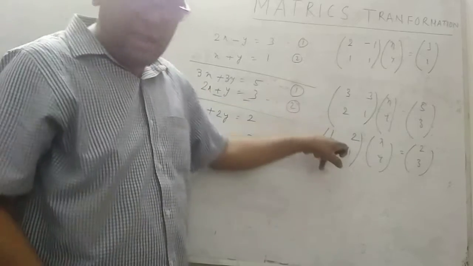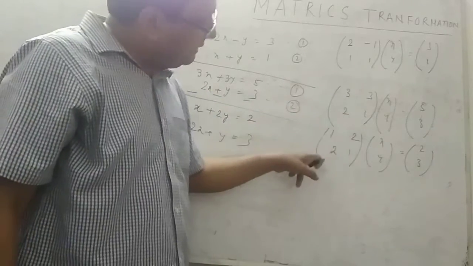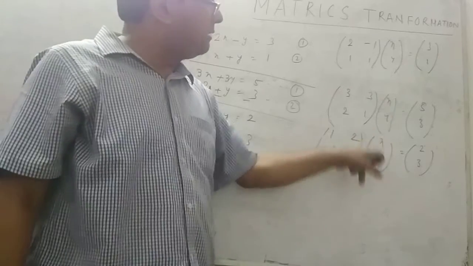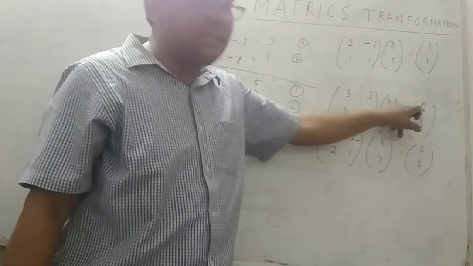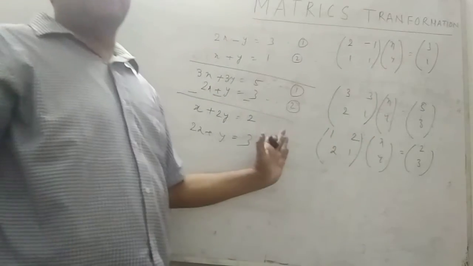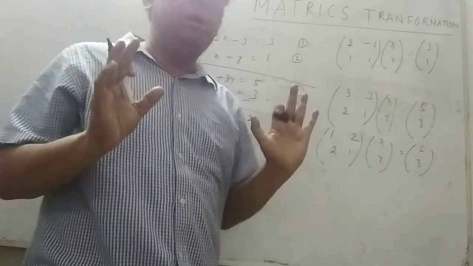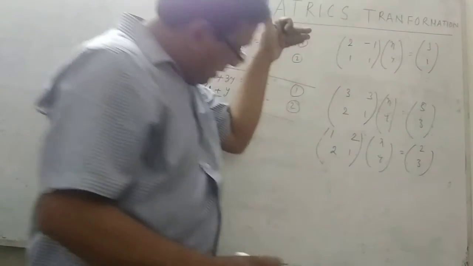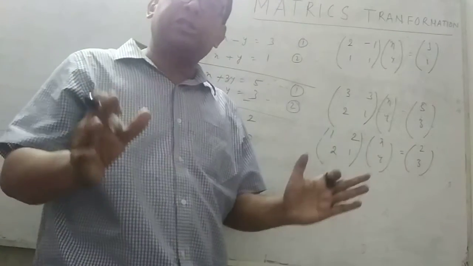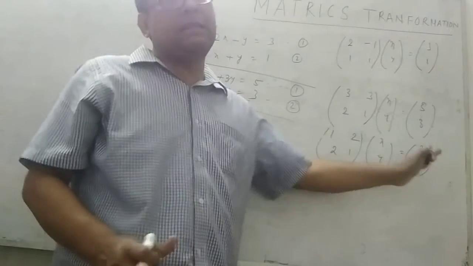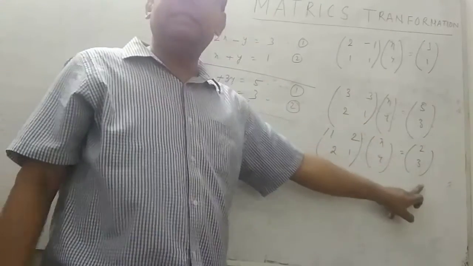So this row 1 has been transformed into 1 and 2. And here 2, 1 as it is, I wrote over here 2, 1. And x y variables I am writing. And 5 minus 3, whatever I am doing in the left hand side, always remember, in the matrix transformation, whatever operation we do in the left hand side, the same operation we have to do in the right hand side. That's why 5 minus 3, 2, and this 3 as it is I have written.